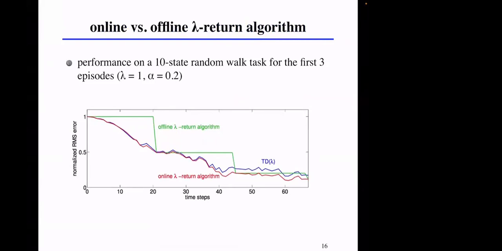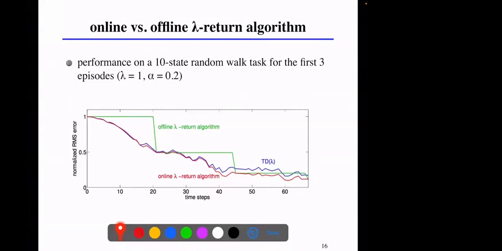Now, if we compare the online algorithm with the offline algorithm, to get a better understanding of what these methods do, this plots the error on a 10-state random walk task for the first 3 episodes. The green one here is the offline algorithm, and its values remain the same during an episode.